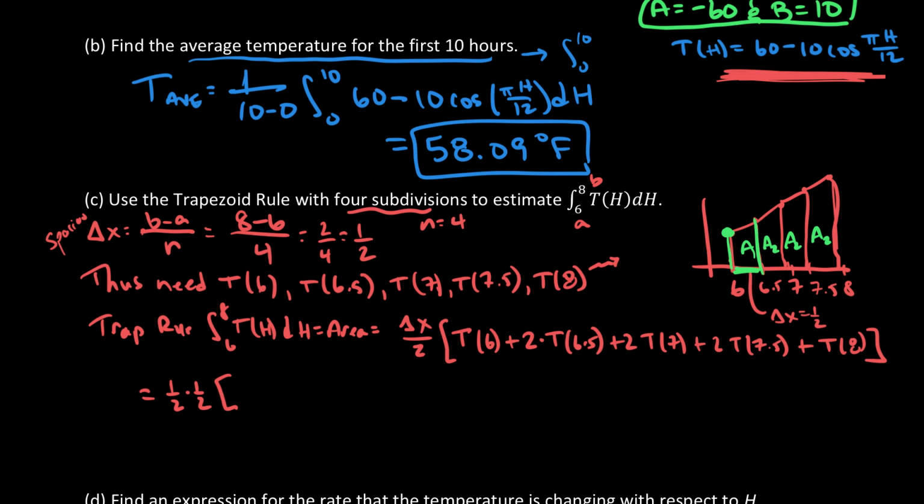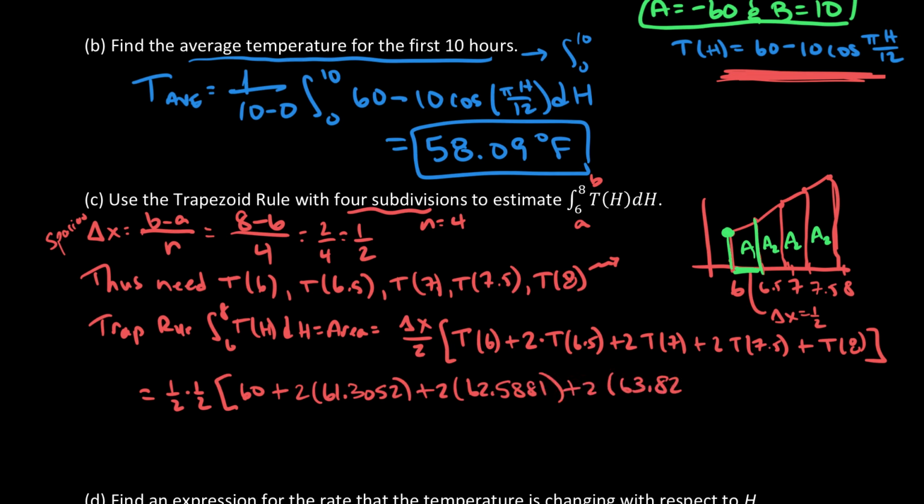So T of 6 comes out to be 60, plus 2 times 61.3052, plus 2 times 62.5881, plus 2 times 63.8268, plus the 65.